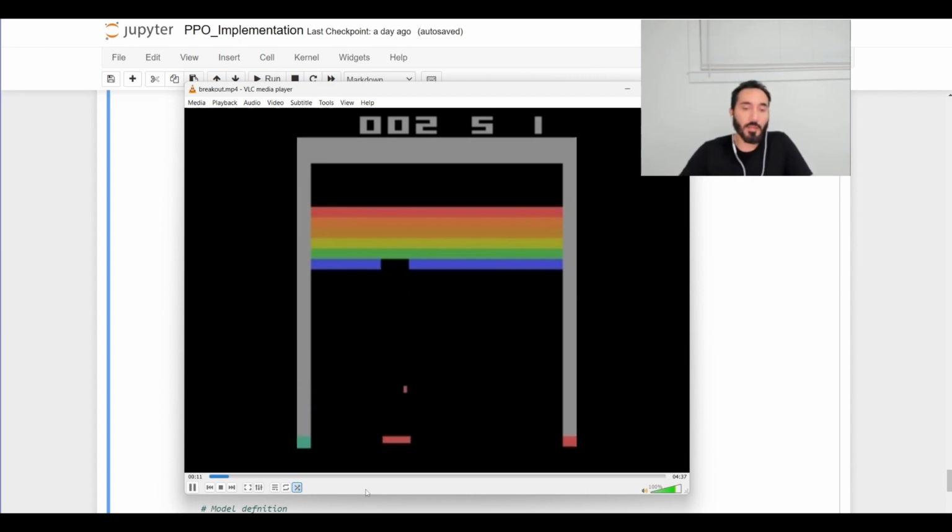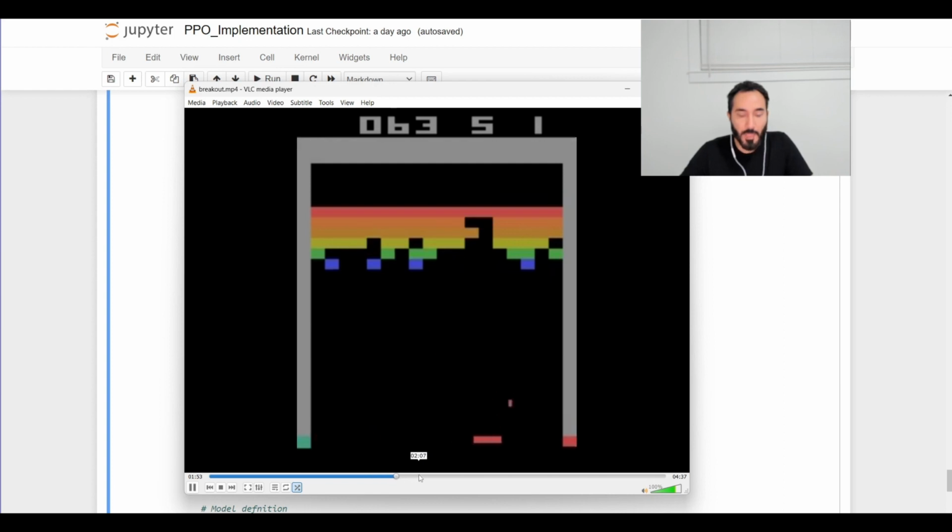Now, something very interesting happens here, let me maybe go a little bit further ahead. Something very interesting happens here. The model tries to dig in at the two ends so that it sends the ball inside the portion in the middle, and it collects a lot of reward by doing that. And that's quite interesting.